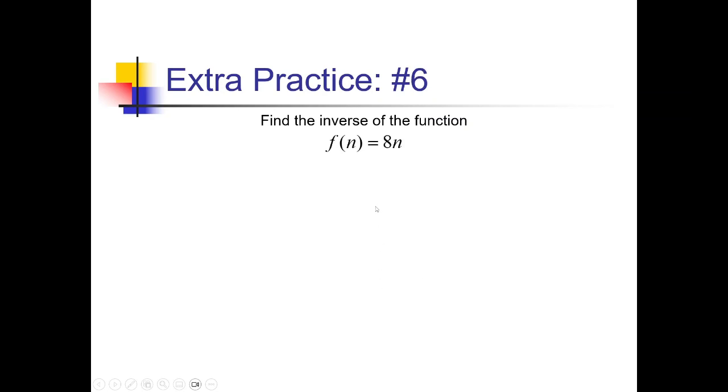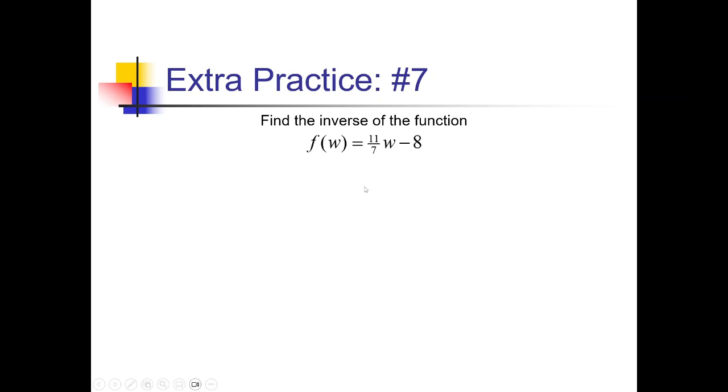For this one, we have a very basic line. This is going to pass the horizontal line test. So switching input and output, we have n equals 8y. And then just divide by 8 to get y by itself. So I can immediately write f inverse of n equals n over 8. For this problem, we've got ourselves a line, so it'll have an inverse.